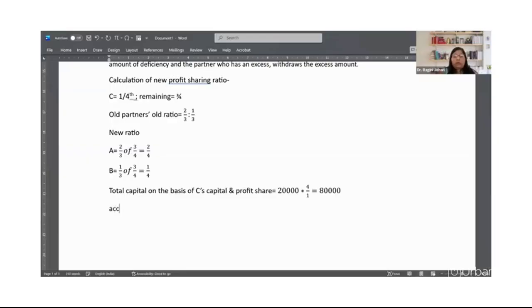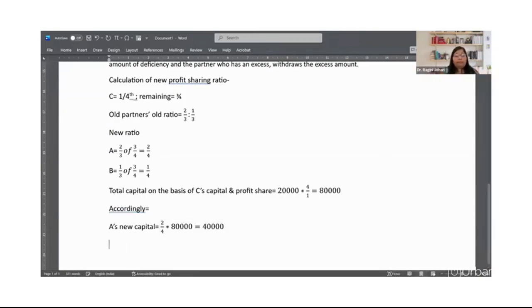So accordingly, A's new capital will be 2/4 into 80,000. This becomes how much? 4 2s are 8, that is 20,000 into 2 is 40,000.